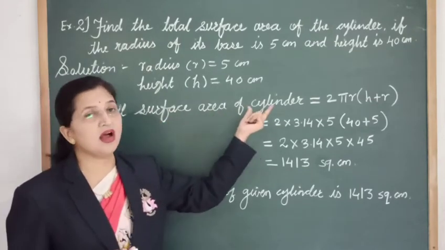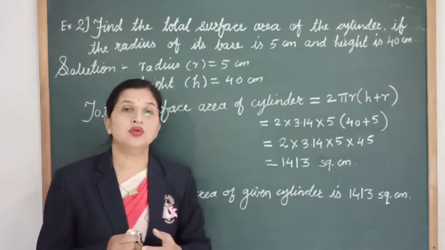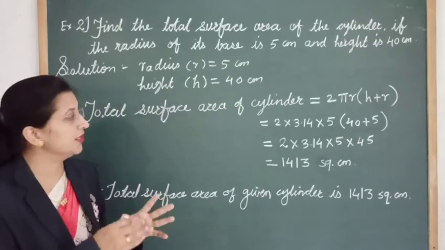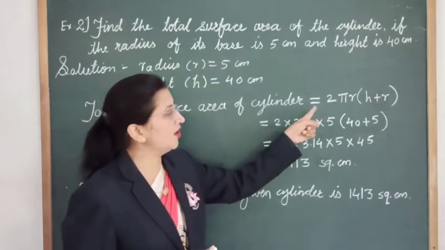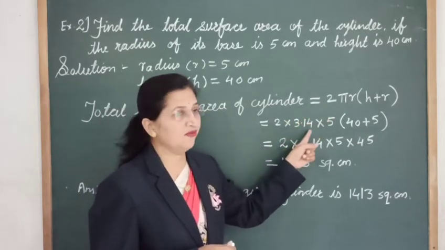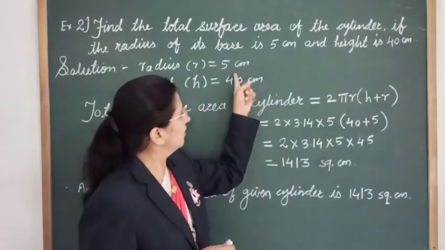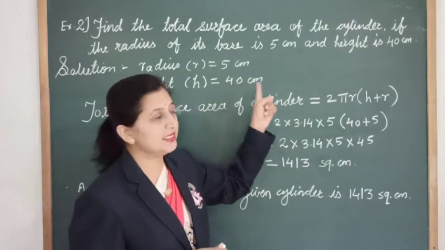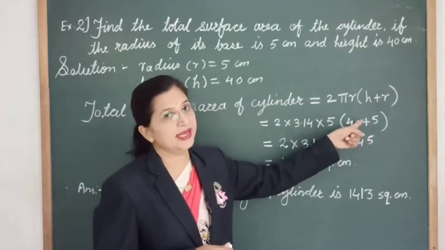Total surface area of a cylinder is equal to 2 pi r into bracket h plus r. Now let's put the values: 2 into pi, 3.14, into radius 5, into bracket h is 40 plus radius 5.